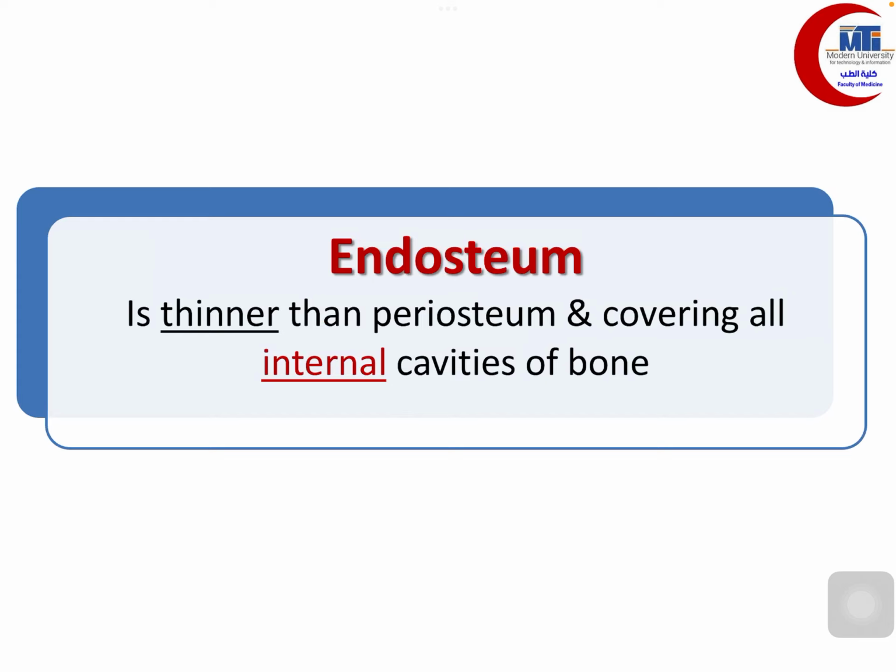The endosteum lines the internal cavities of the bone, as we mentioned, which are the medullary cavities facing the bone marrow inside the bone, and also the Volkmann's and Haversian canals. And actually the endosteum layer is similar to the inner osteogenic layer of the periosteum.